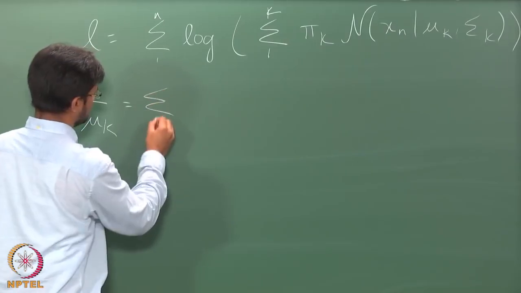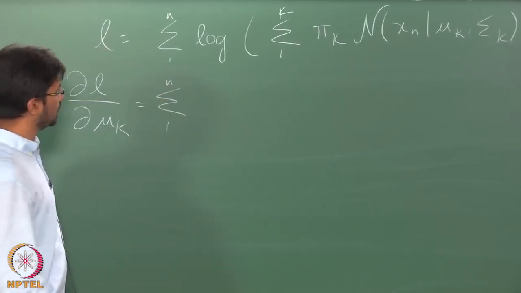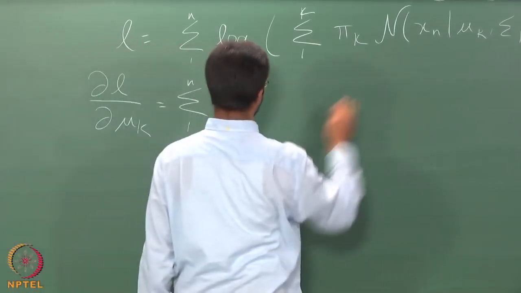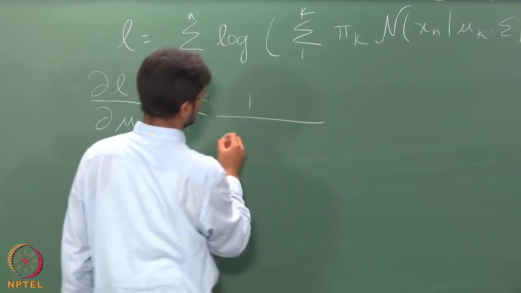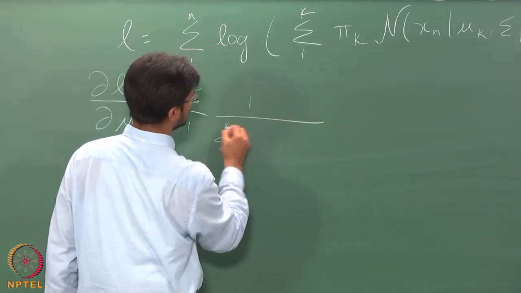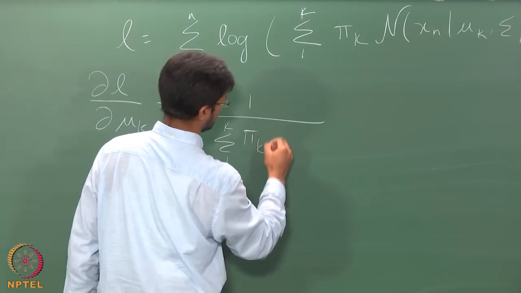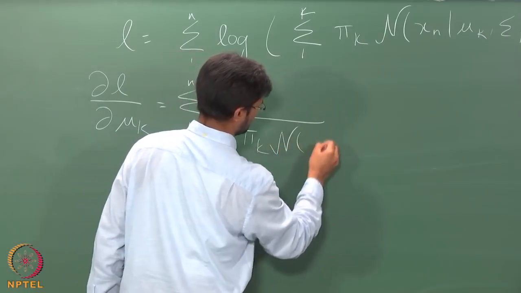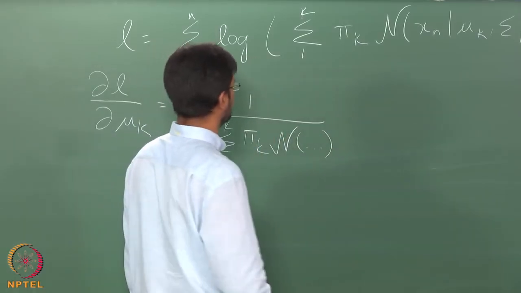The summation just remains outside, and log of this would just give us the whole thing below, whatever is inside there.